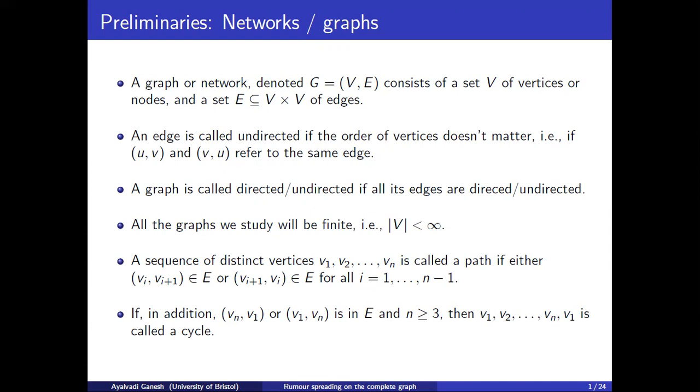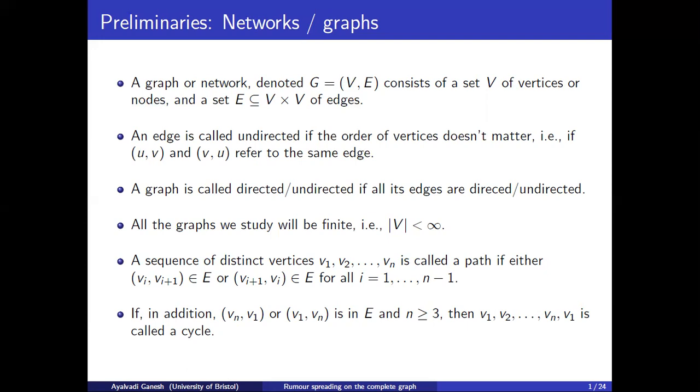I'm going to use path now for sequences of distinct vertices with an edge between every successive pair of them. And if the last and first vertex are the same, we call it a cycle. The one thing we don't call a cycle is a two-edge path.